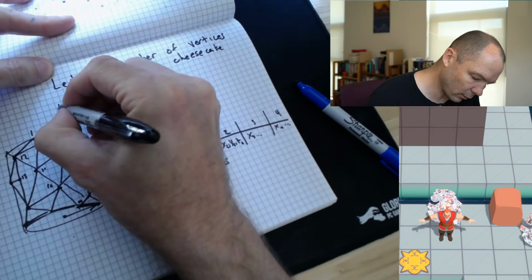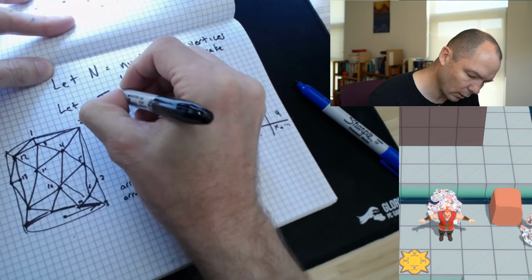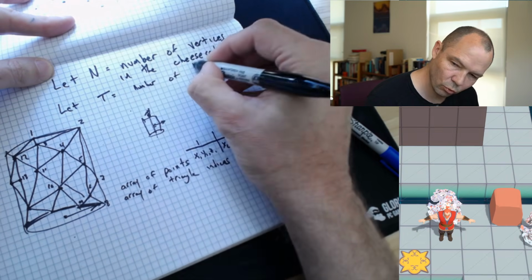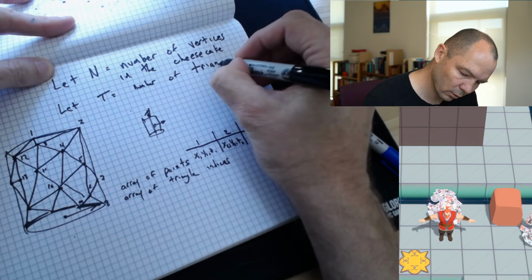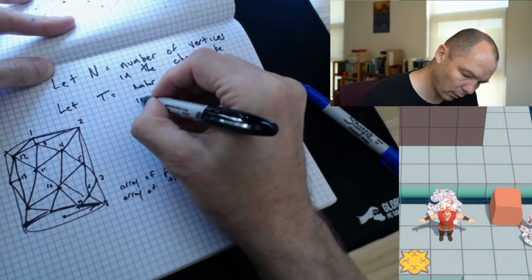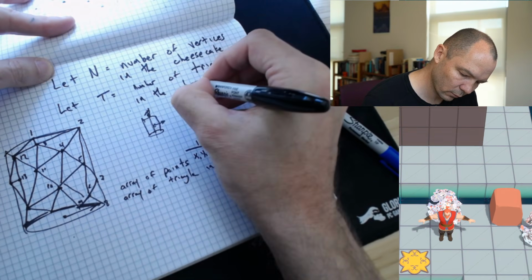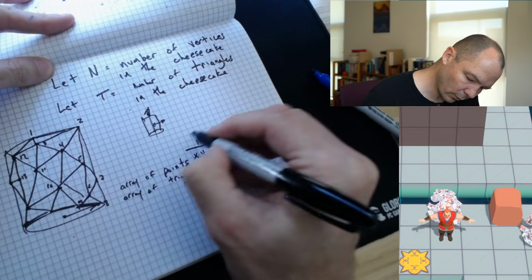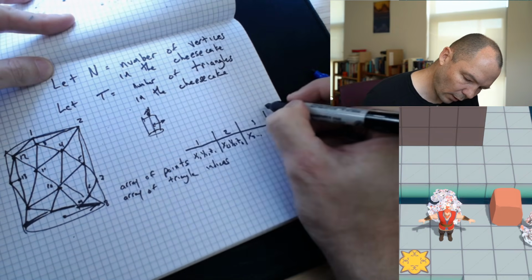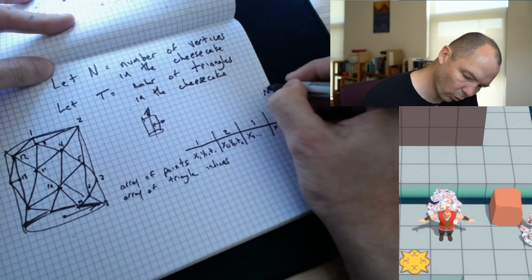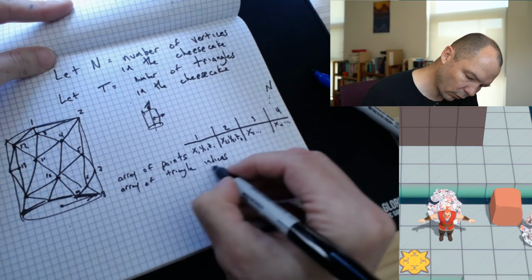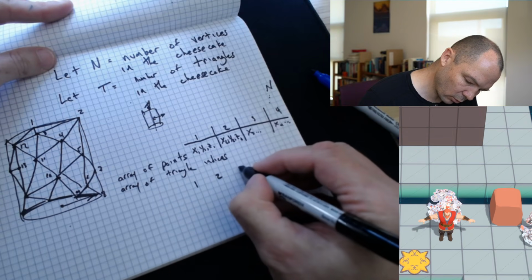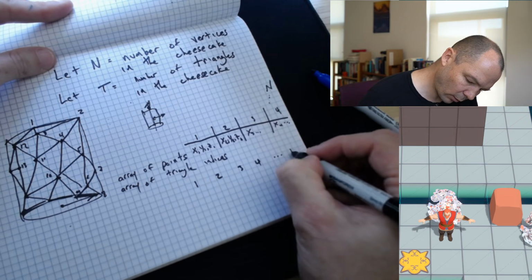And let t be the number of triangles in the cheesecake. So there are n of these. It goes 1, 2, 3, 4, all the way to n, right? And then for the triangle indices, it's a different array. It goes 1, 2, 3, 4, all the way to t.